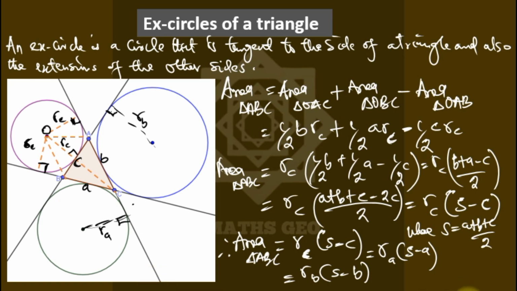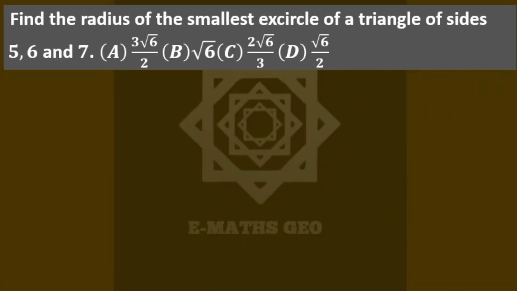Okay, let's look at this question. Find the radius of the smallest excircle of a triangle of sides 5, 6, and 7. Before we solve this question, we need to know the meaning of excircle. An excircle is a circle that is tangent to the side of a triangle and also the extension of the other two sides.